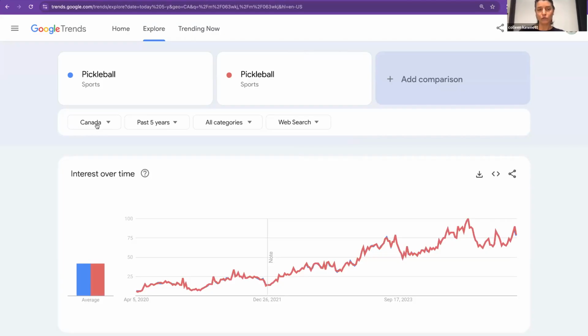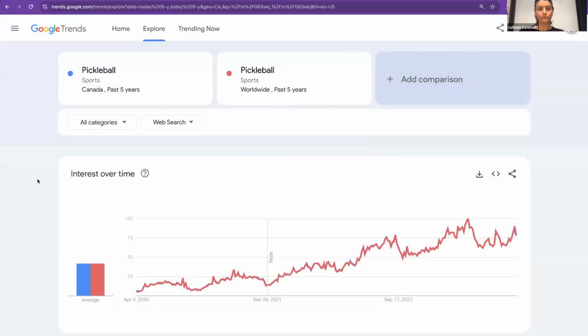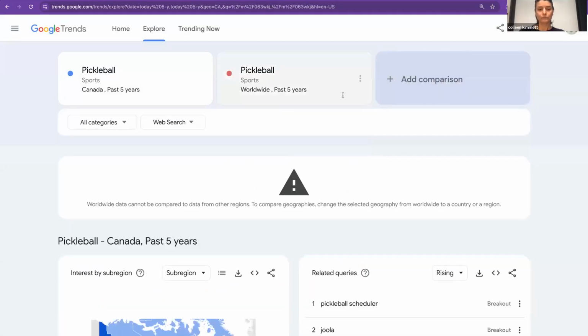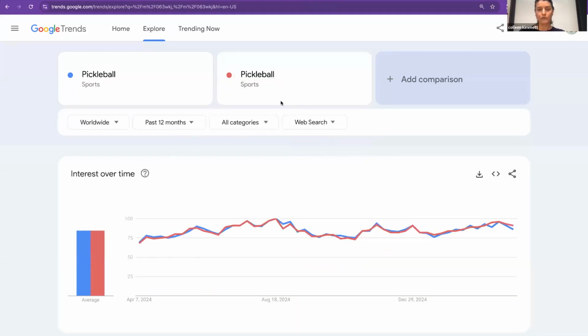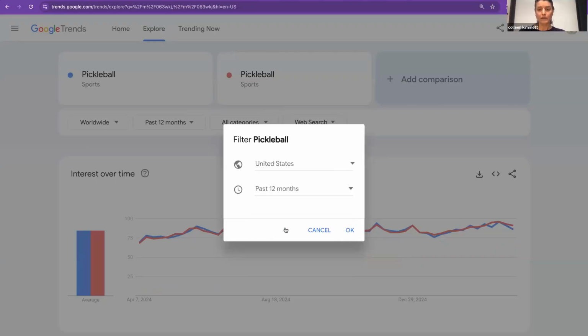So I can't have two, there's not a filter up here for two regions or two countries. But up here, if I click on these three dots, I can change filters and then change country here. So we could even try this worldwide. Oh, worldwide data cannot be compared to data from other regions. Let's go to United States.